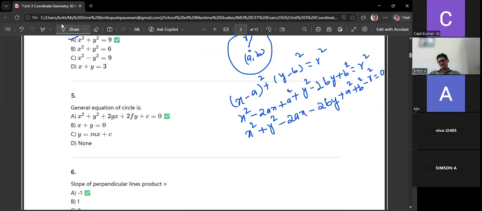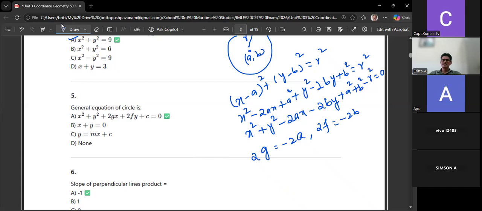So, which in the circle equation, I am considering the g, okay, there is 2g I am taking as minus 2a. Instead of minus 2a, I am putting 2g. Then instead of minus 2b, I am taking 2f. I am considering 2f. Then the remaining, these are all constant.